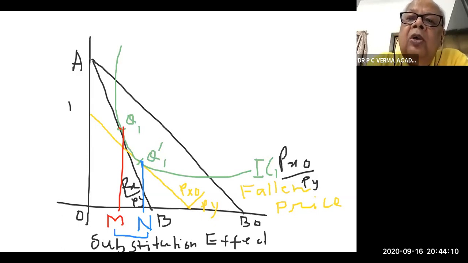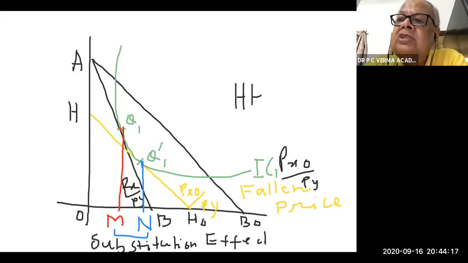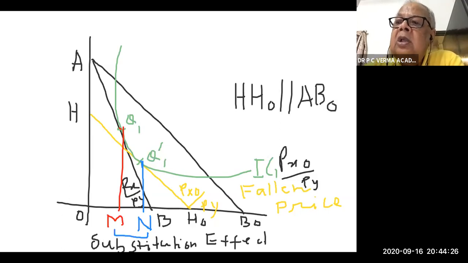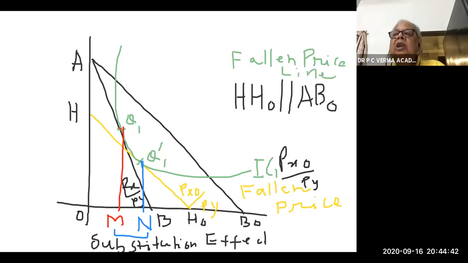Then we will draw HH0. The HH0 line is parallel to the AB0 line. AB0 is the fallen price line.